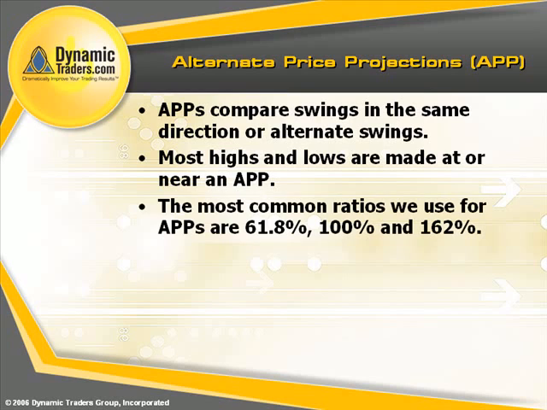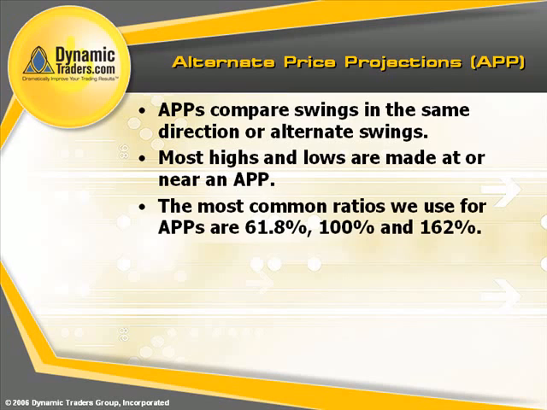And all of the alternate price projections are going to be in red, so that we can identify them clearly and easily on the chart. And notice that the 62% has a thin line. It's going to be a thin line on the chart because the two key ones are really the 100% and the 162. We do want to be aware of the 62%, but the most important is 100 and 162.